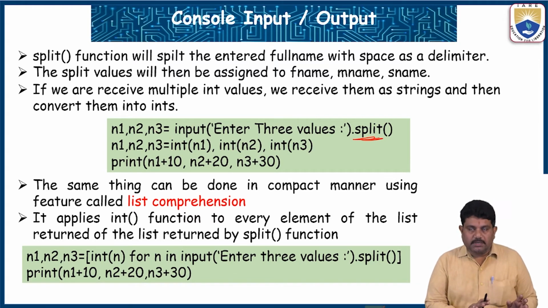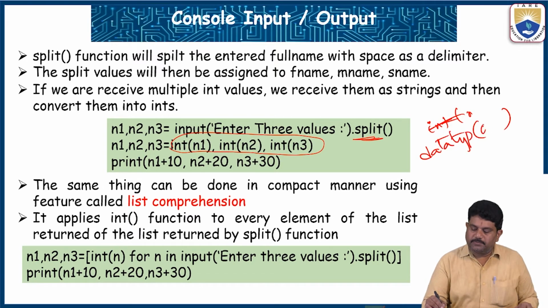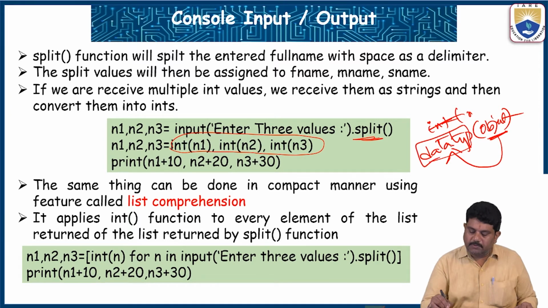As we know that the input function returns a string, that's what we are converting here, the string into integer. Because I have entered integer values, I'm converting them into integer type by using the typecasting operator. This is the typecasting operator: data type and object. The object you passed here will be converted into whatever data type you mentioned here.